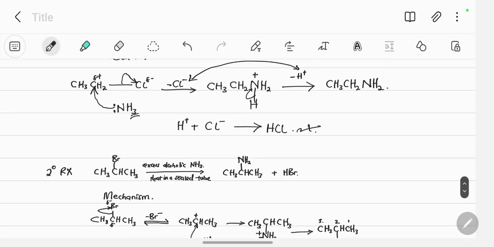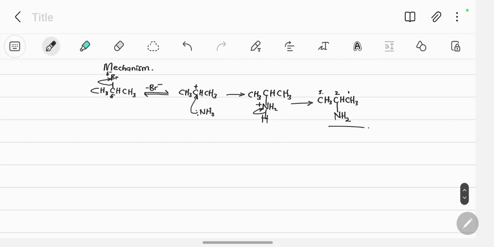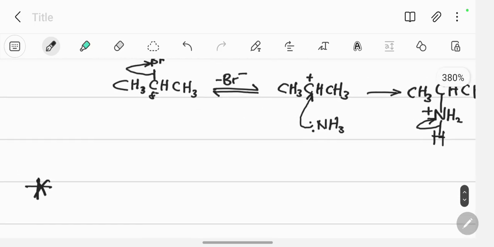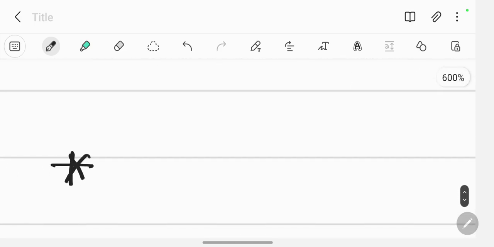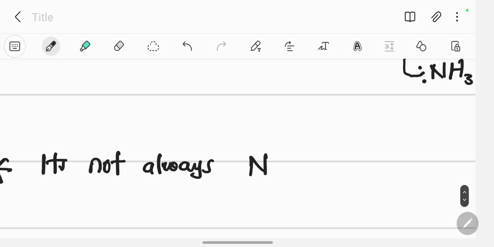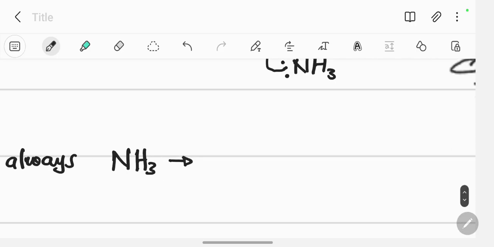It's not always ammonia, but we can also have aminomethane doing the job.